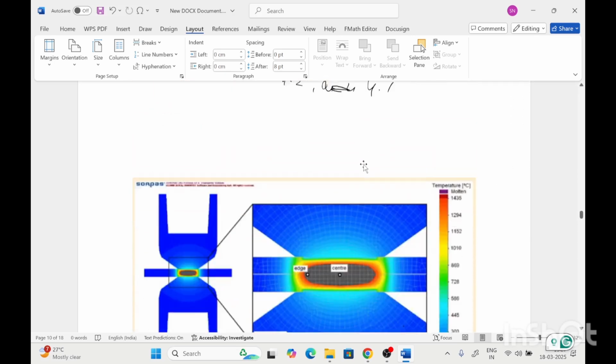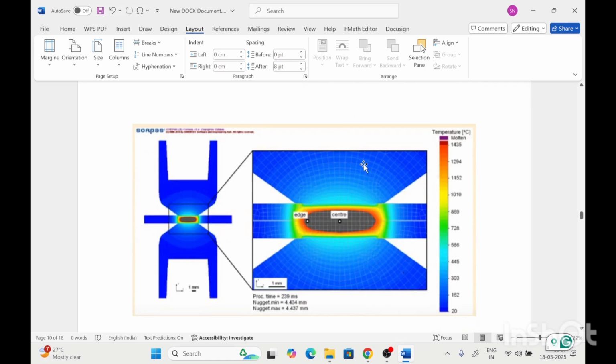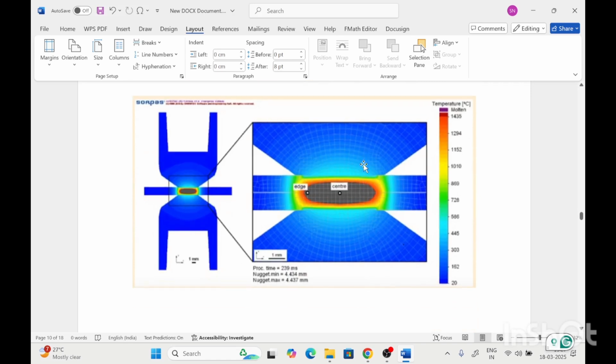Further, if we talk about the temperature gradient in the welding joint, the blue parts are the copper electrodes, and the copper electrodes are water cooled from these positions. That's why the electrodes are at a lower temperature. But at the interface between two plates, the temperature is highest.